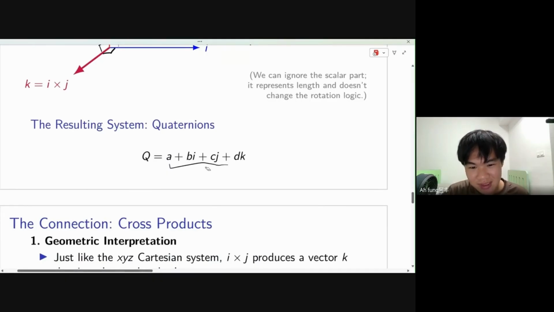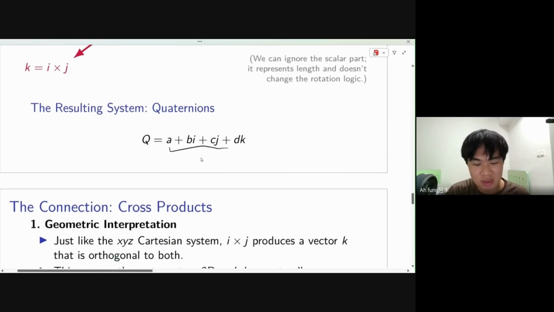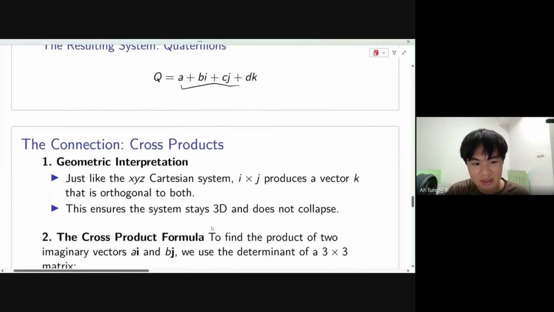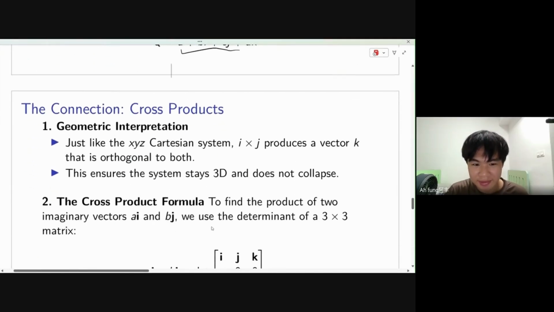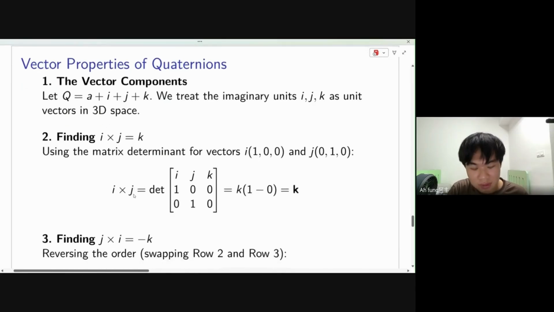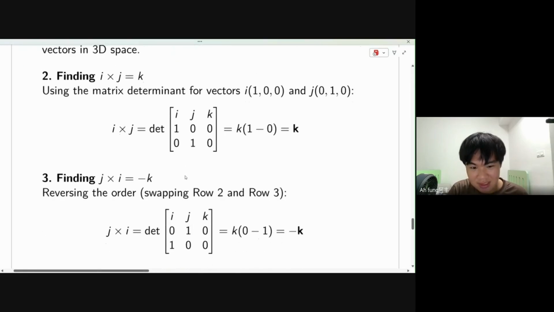Since this shares some similar properties to the xyz plane, we can use the cross product. Let's see what the cross product of i and j is. We found that i cross j is actually k.